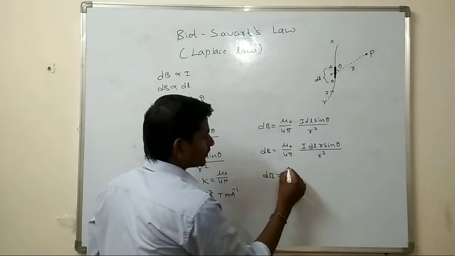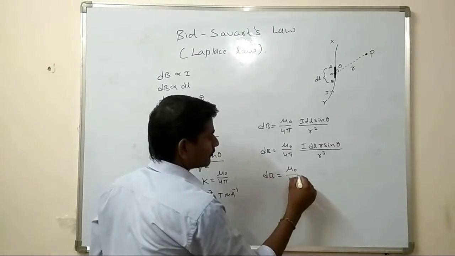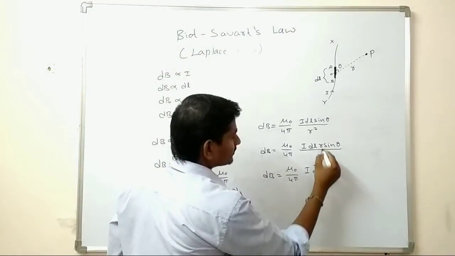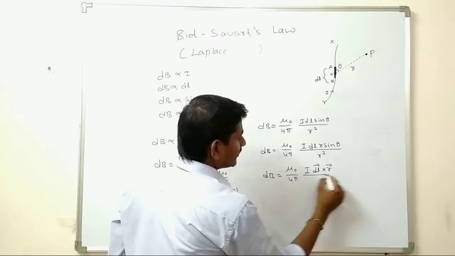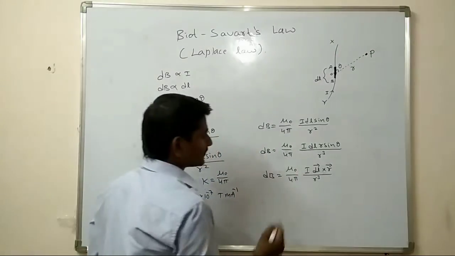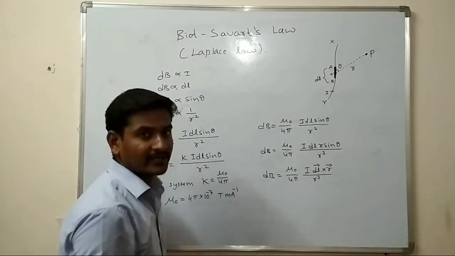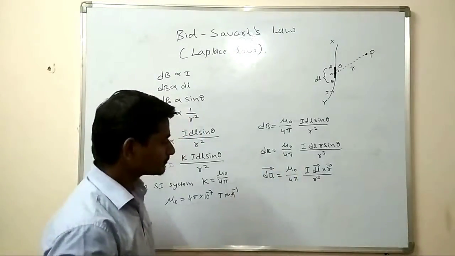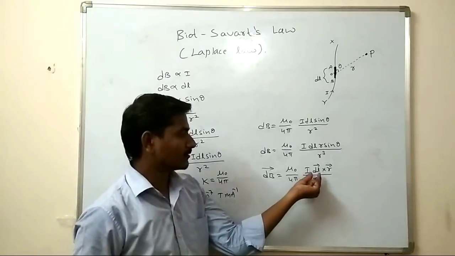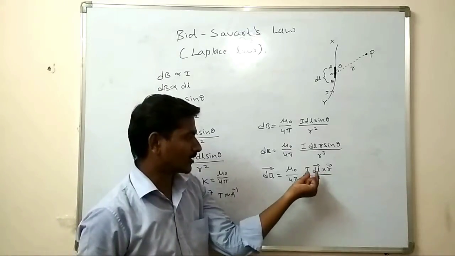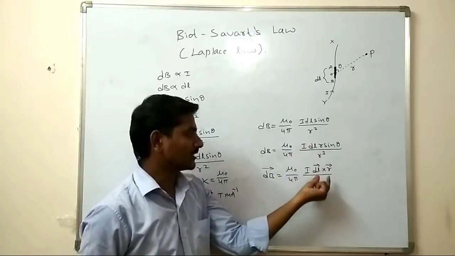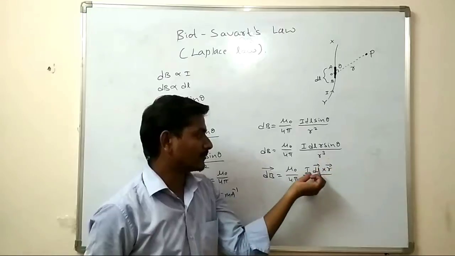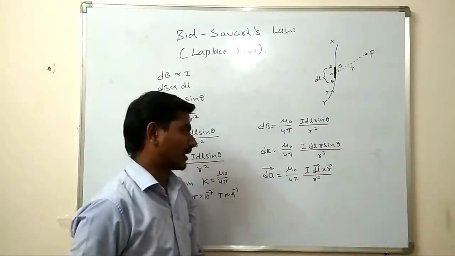So dB is equal to mu naught divided by 4 pi I, dl vector cross r vector, divided by r cube. Since the vector product of two vectors is a vector, dB is a vector. You can check here, vector dl cross vector r: magnitude of dl is dl, magnitude of vector r is r, and sin theta, where theta is the angle between vector dl and vector r.